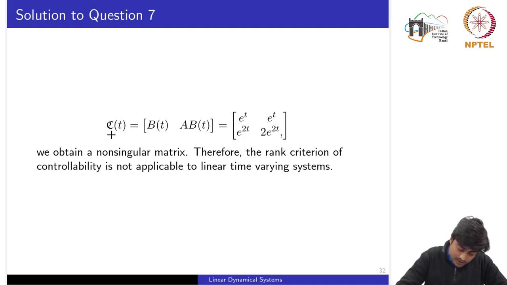If we compute this controllability matrix by taking these time-varying terms A and B, we would obtain this controllability matrix, and this matrix is a non-singular matrix, which says that it is controllable.